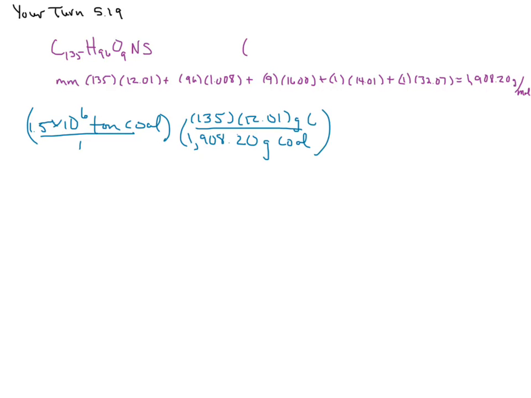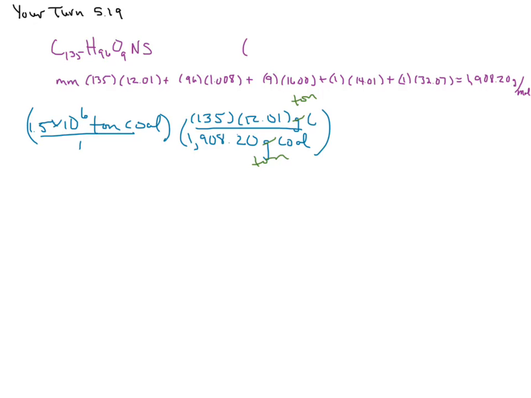And then relatively speaking, we know the amount of carbon in 1 mole. So we have this ratio: 135 carbons, or 135 times 12.01 grams of carbon, in 1,908.2 grams of coal. I hope that makes sense. And if that's the relative grams of carbon to grams of coal, we could scale that up. Instead of grams, we could go tons of carbon to tons of coal.